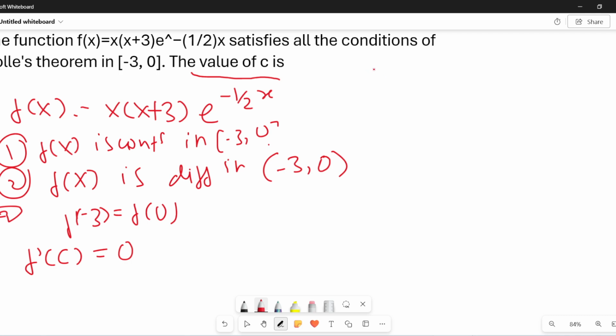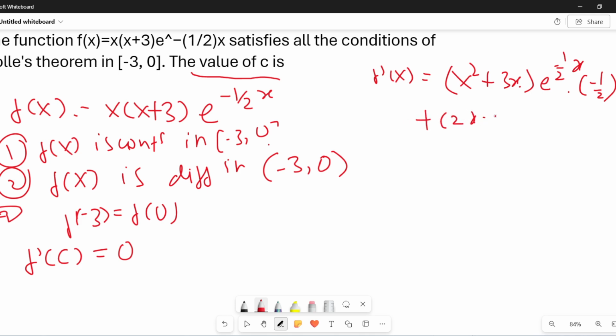So here f'(x) = (x² + 3x)e^(-x/2) × (-1/2) + (2x + 3)e^(-x/2).